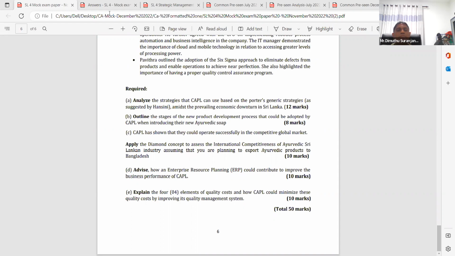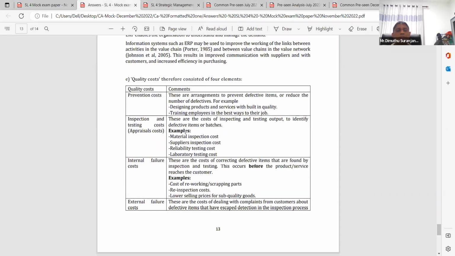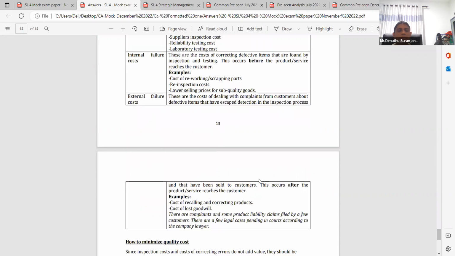Right? You see what type of answer is given by the examiner. Just give the theory part of these 4 quality costs, with an example. So prevention: training employees. Appraisal: material inspection costs, supply inspection costs. Internal failure: cost of reworking, re-inspection cost, lower selling prices for sub-quality goods.